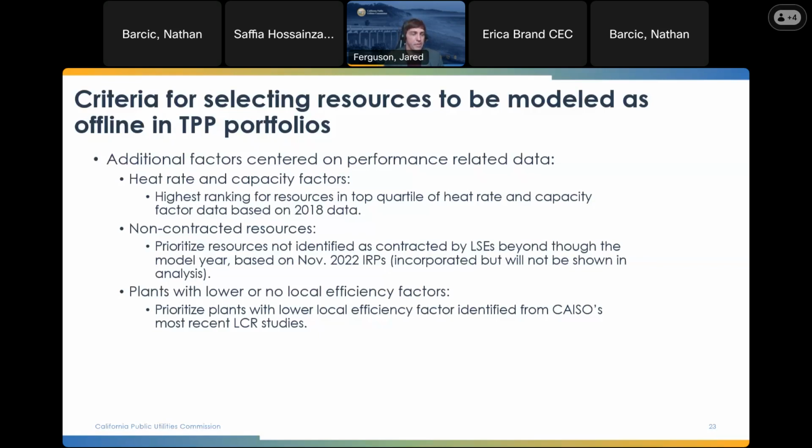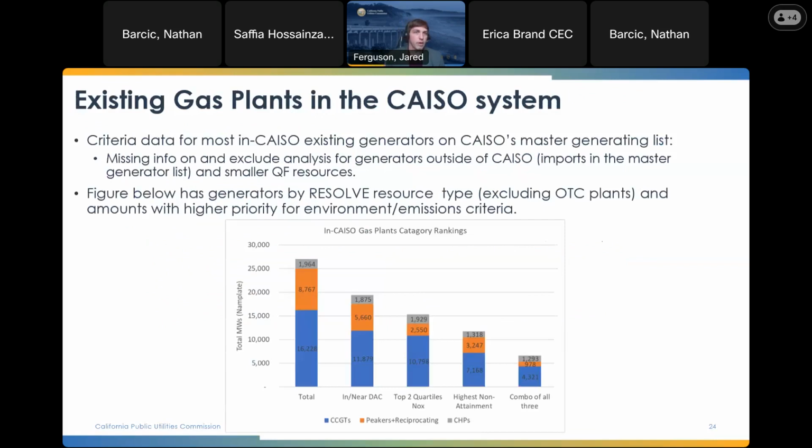And so next slide, please. These next few slides are just a data summary of what plants within the ISO master generating list that we have the information for fall under these categories. So you can see here the initial three environmental and societal impact categories.